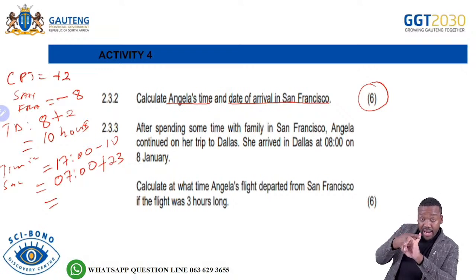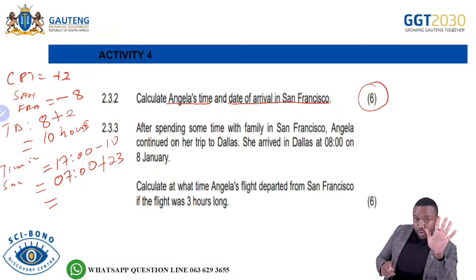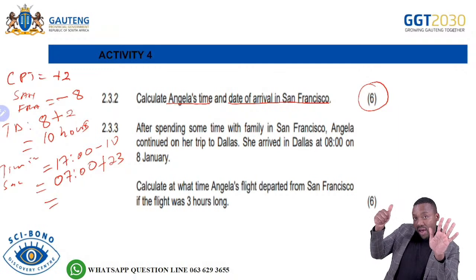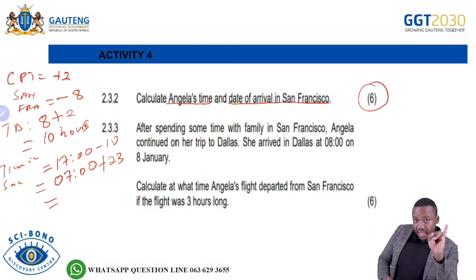7, 8, 9, 10, 11, 12. Which 12? Midday. 12, 13, 14, 15, 16, 17. 17 is in the evening, in the afternoon. 17, 18, 19, 20, 21, 22, 23, 24, which is midnight. 24, 1, 2, 3, 4, 5, 6.